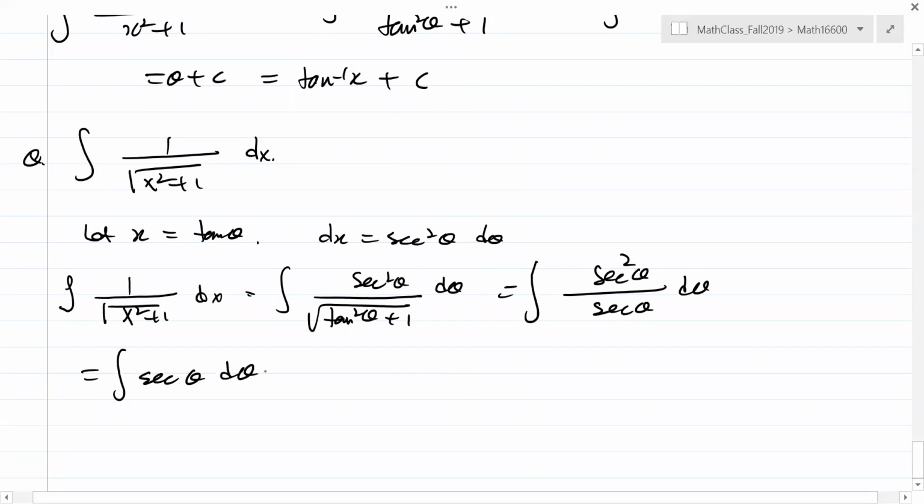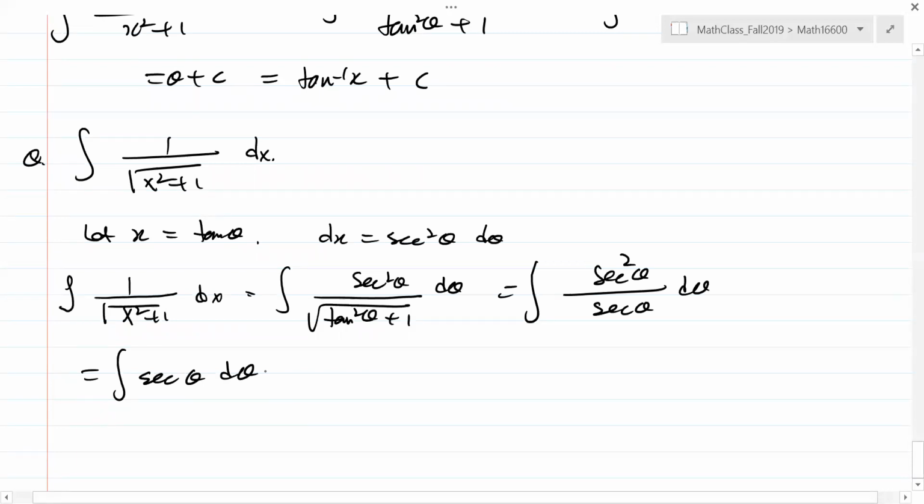We remember that, right? If you memorize the integral of secant theta, then you can write down the answer right away.